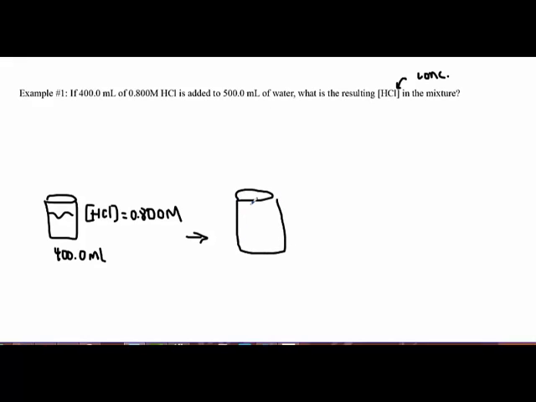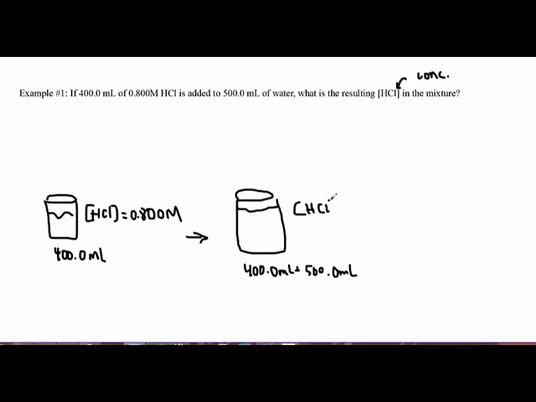Here's my bigger beaker. And I added 500 mils of water. So my total volume over here now is going to be 400 mils, which is what I started with, plus the 500 mils that I've just added. Great. There's our final volume.